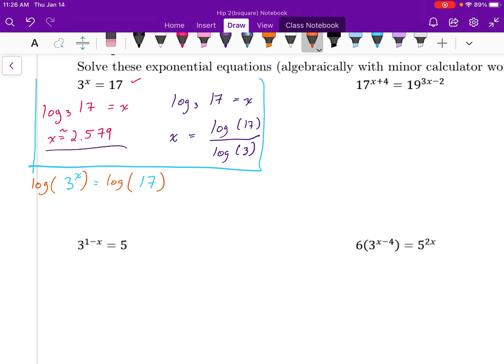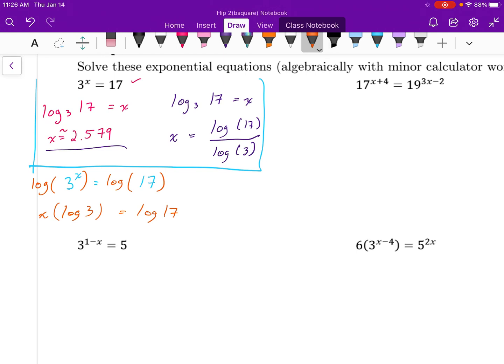I'm just going to take the log of both sides. So on the left-hand side, I can use the power law, and I get x times log 3 is equal to log 17.